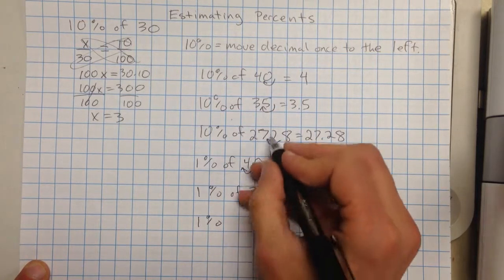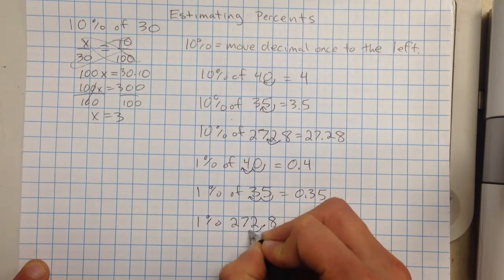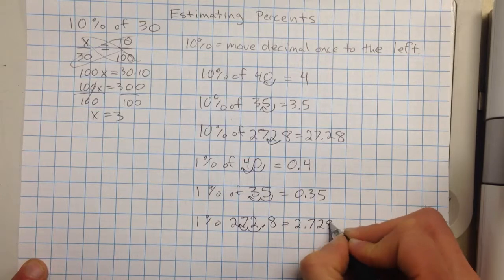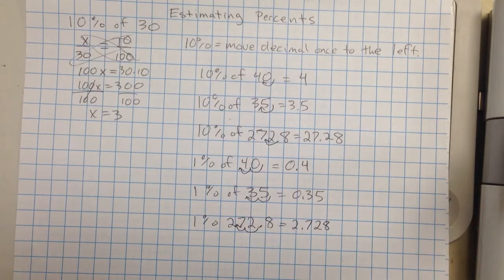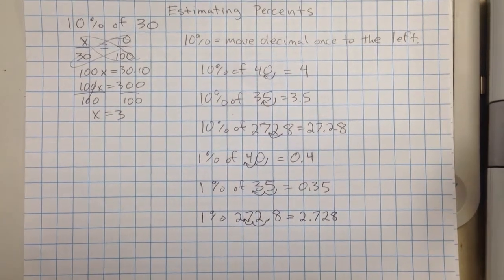Last one, 1% of 272.8, move it over 1, 2 times, that's 2.728, 728 thousandths. Okay, so this is an important tool, an important thing to know.